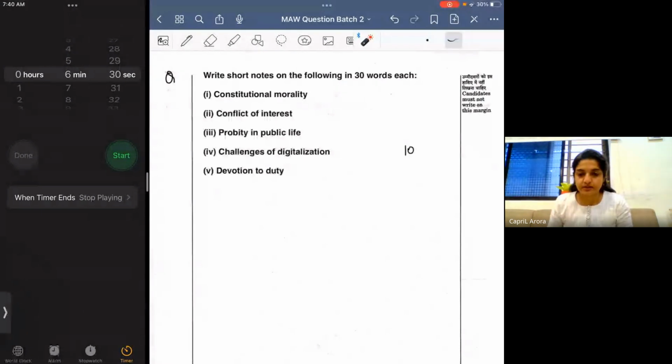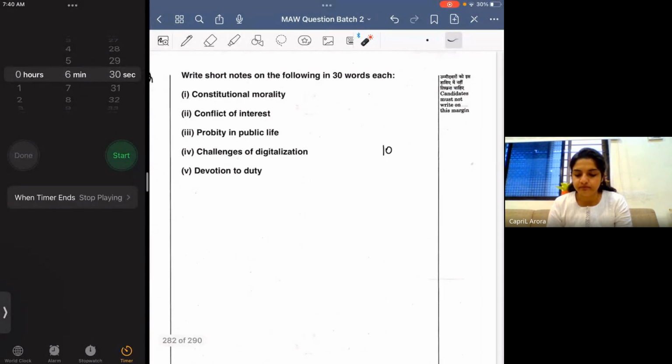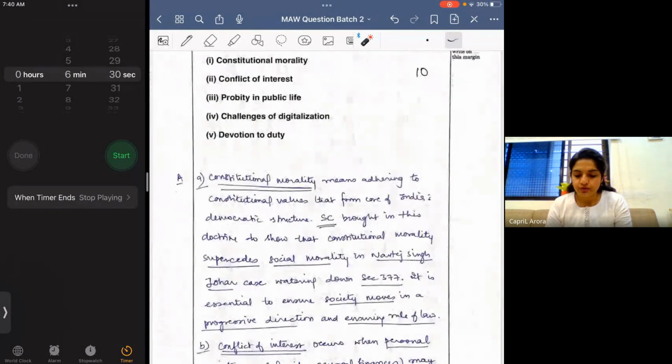All right, let's discuss. Simple definitions with brief, maybe one example, one manifestation, or just an explanation of what you want to say. Constitutional morality means adhering to constitutional values that form the core of India's democratic structure.